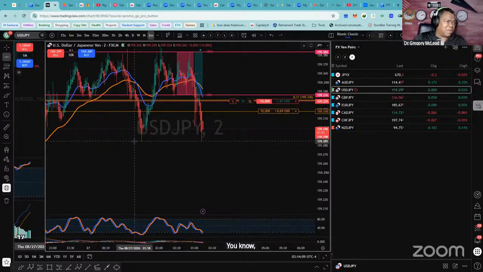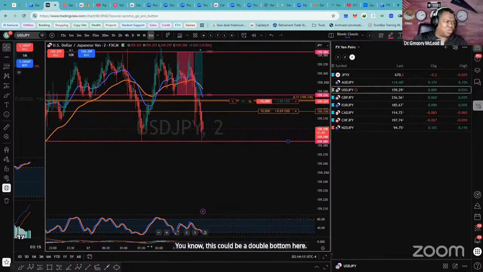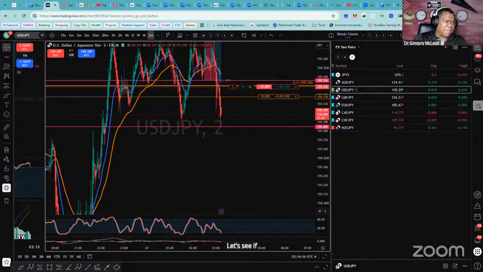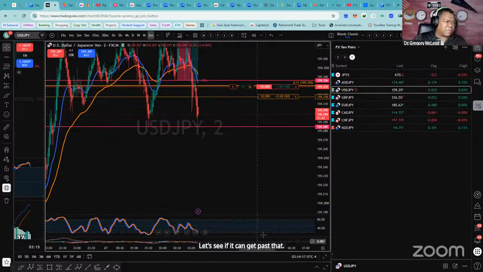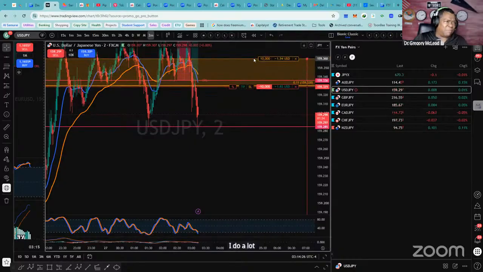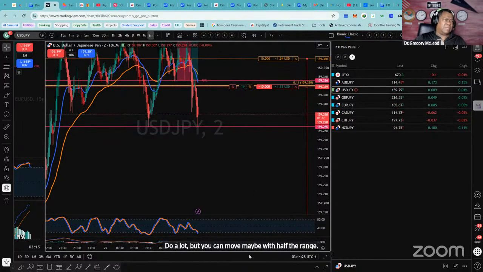This could be a double bottom here, 2-minute chart. Let's see if it can get past that. And this might be a little soon to move your stop into profit. 69 cents is not going to do a lot, but you can move maybe with half the range and give it a little bit of room to breathe.